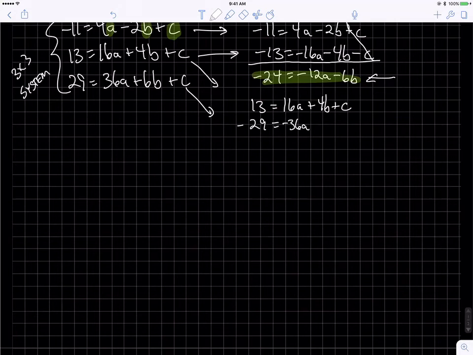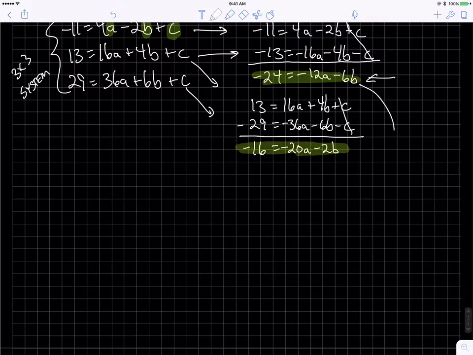This way, when I add them, the c's eliminate. So this will be negative 29 minus 13, 16. 36 minus 16 is 20. And then I've got minus 2b. So that is my second equation that has a and b in it.